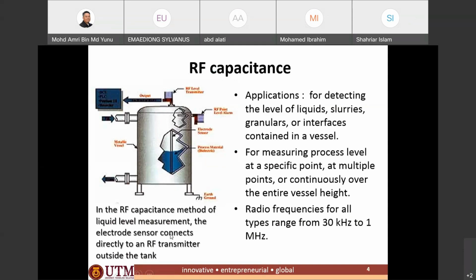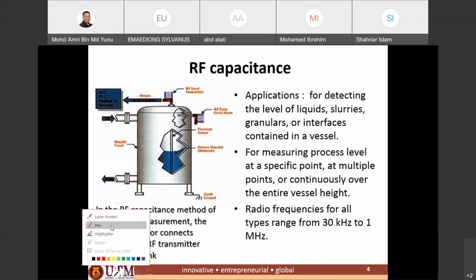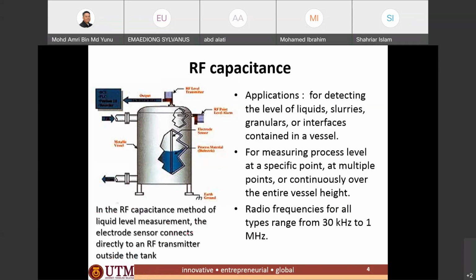In this capacitance method, there is an electrode sensor, basically a rod. It can be a rod or a concentric rod, placed inside the center of the tank.